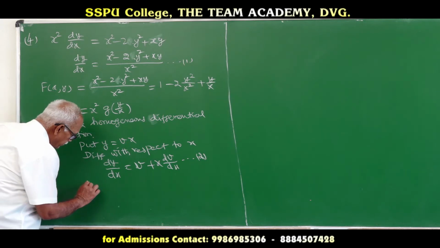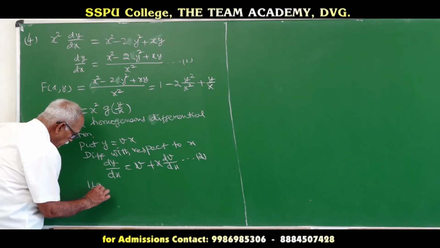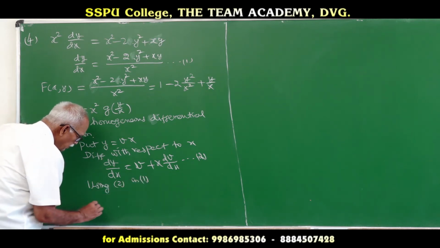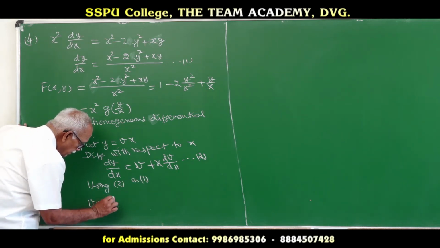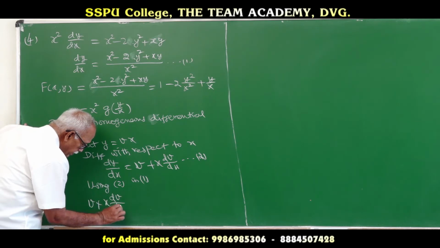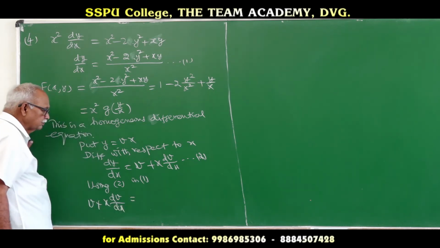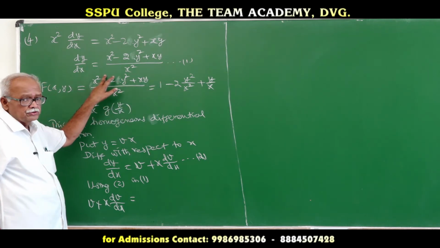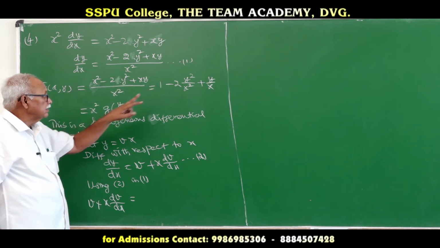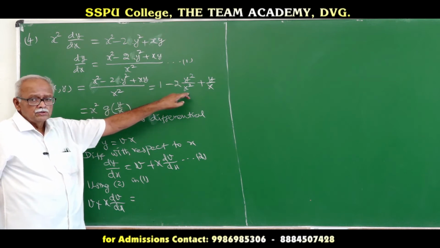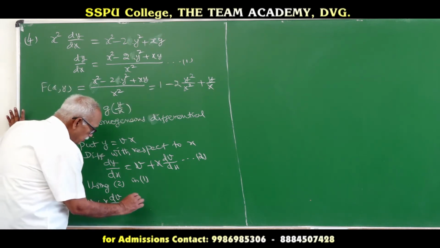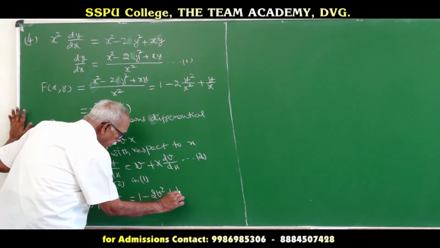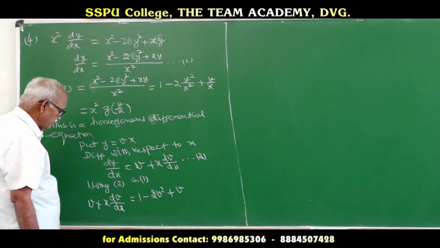Now substituting 2 in 1: v plus x into dv by dx is equal to, now you can simply see here, we have to substitute y is equal to vx, or y by x is equal to v. So this is 1 minus 2v square plus v.